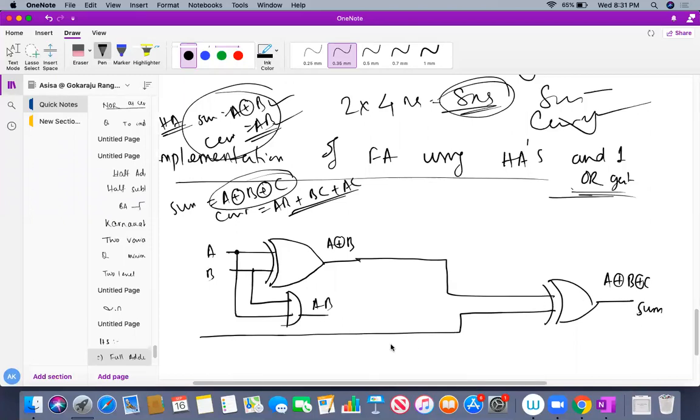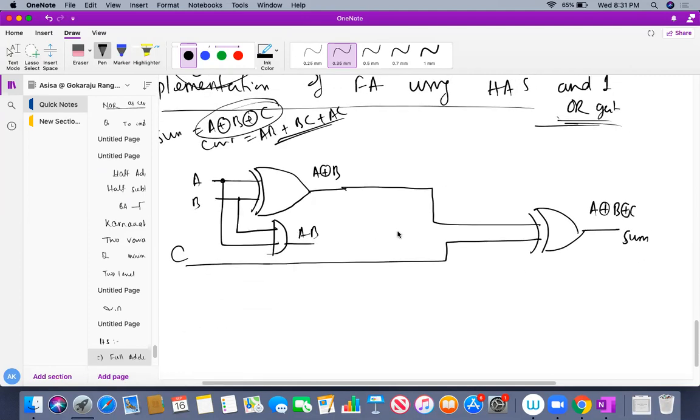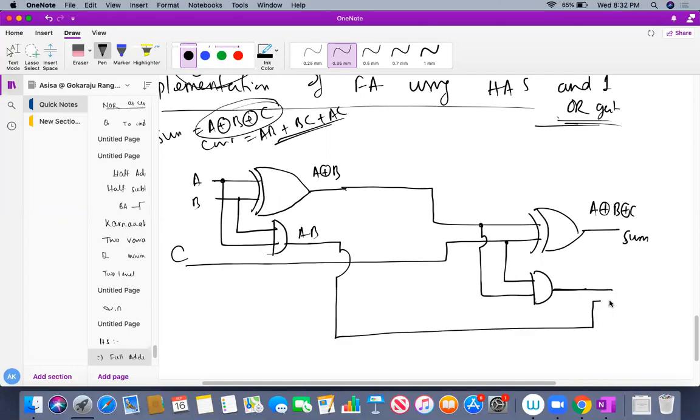Now the carry part is left. Here I have taken one signal and another signal and performed an AND operation. Whatever result I have got here, I take this AB and perform an OR operation with it, and I am saying that this is my carry.